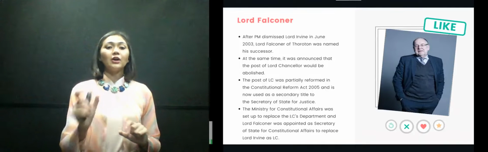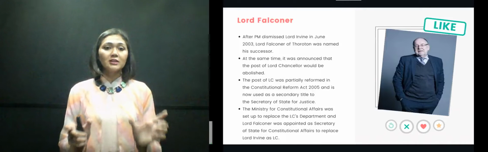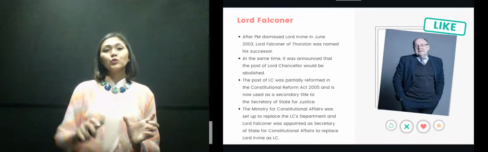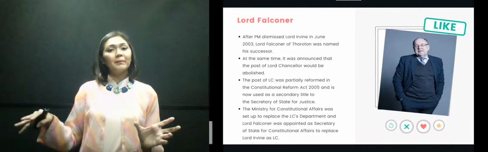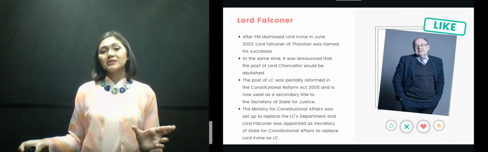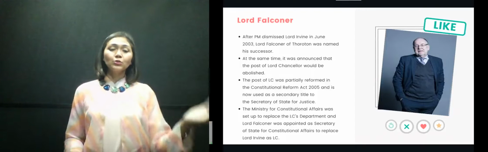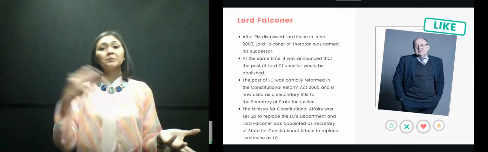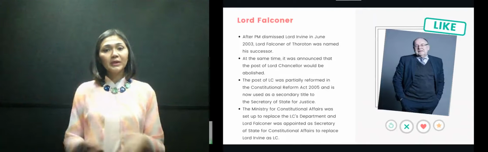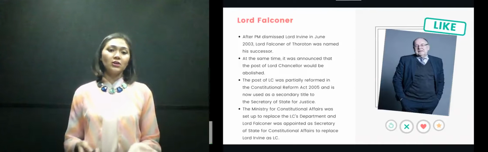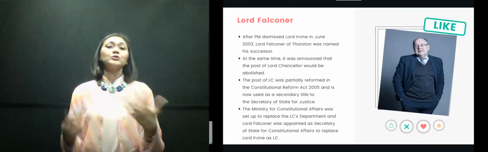Now there is a new title called the Secretary of State for Justice to replace the role of Lord Chancellor. But then who's going to take over the tasks and responsibilities done by the Lord Chancellor in the past? Lord Falconer had to do it because he was appointed to replace Lord Irvine. So essentially, when we talk about reforming the post of Lord Chancellor, he's actually doing the job of Lord Chancellor altogether. So it's a bit confusing in that sense.